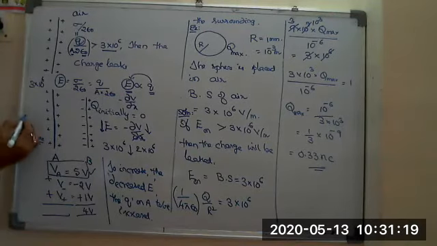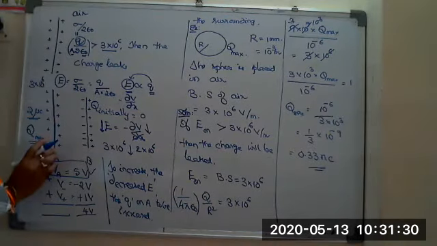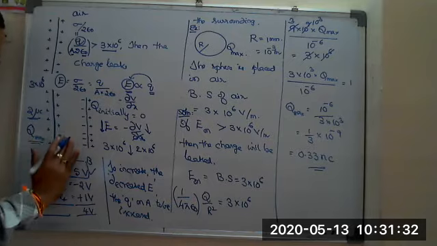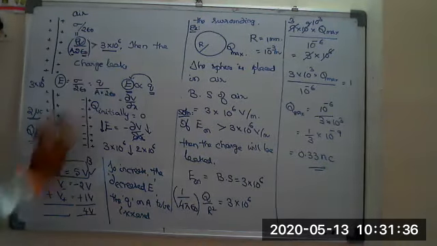Q max means I assume some value, I can't increase more than say some 2 microcoulomb. So what I am doing, I am not changing the plate, I am not changing the surrounding medium, so again the breaking strength is 3 into 10 power 6.